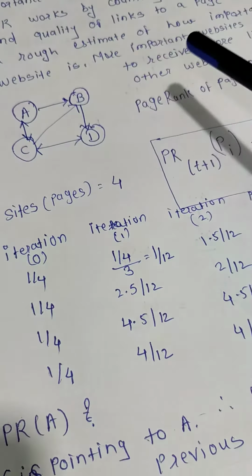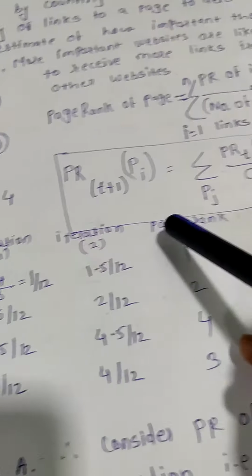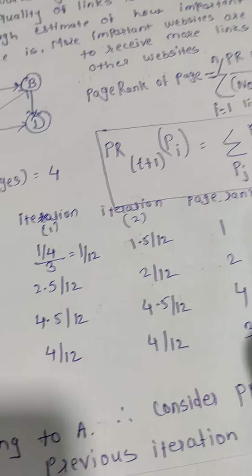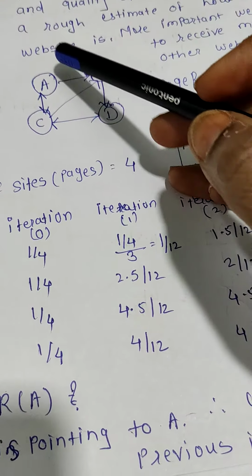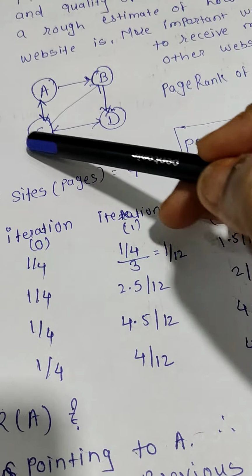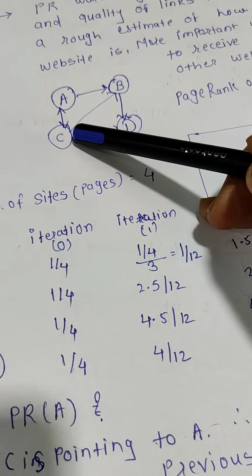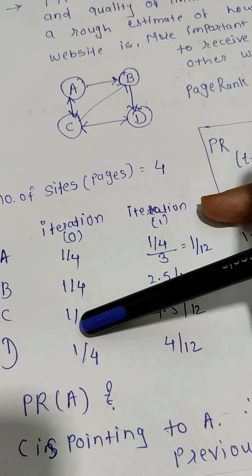So according to the formula, if we want to calculate the PageRank of A, the PageRank of site C in the previous iteration is 1 by 4.